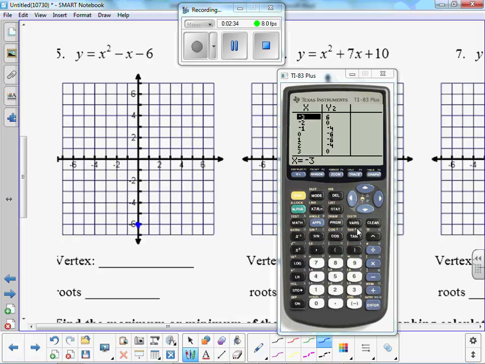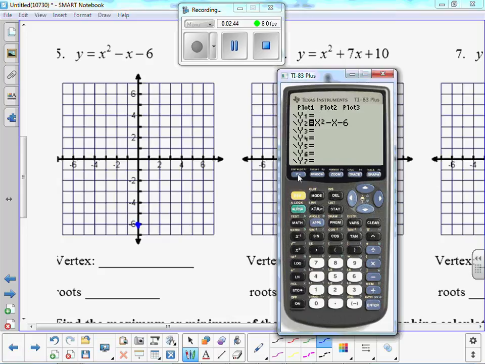To determine our roots, we're going to do it a little differently because the equation is in a different form as before. The way we have to do the roots now is in our graph, we have to set one of the graphs to equal 0.